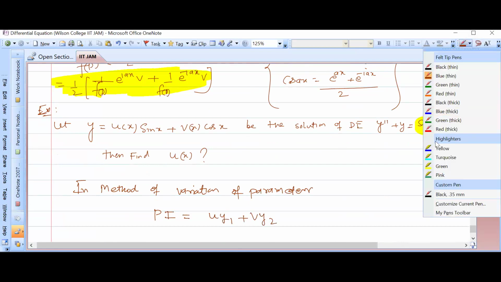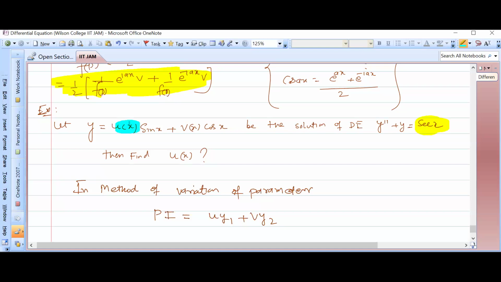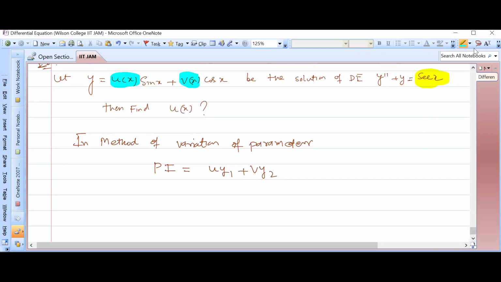Please see, it is given in that form only. Can you see? u y1 plus v y2. Another thing, u and v are unknown. So the formula is u equals minus y2 capital X upon W dx and v equals y1 capital X upon W dx.